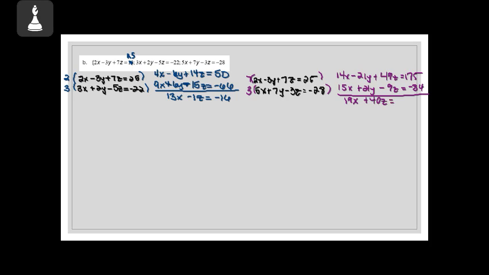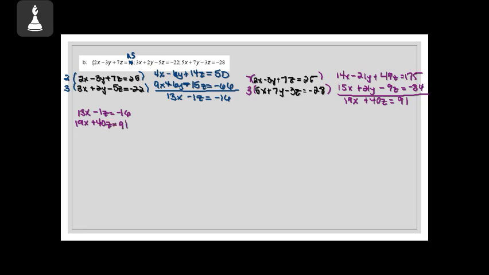All right, so let's write these stacked up under each other. 13x minus 1z equals negative 16. 29x plus 40z equals 91. So I see the z's are opposite signs, but they're not the same number. I have positive 40 and negative 1.